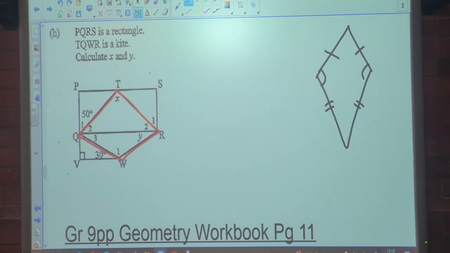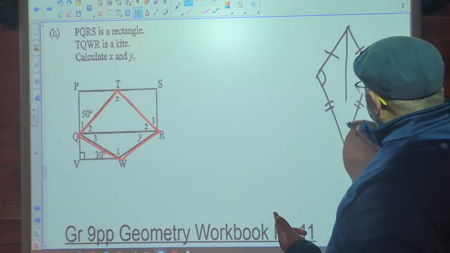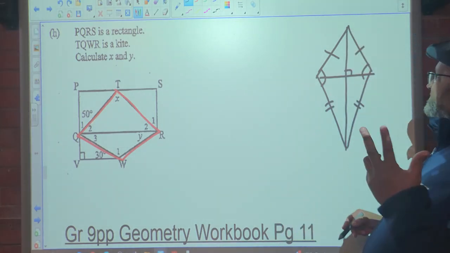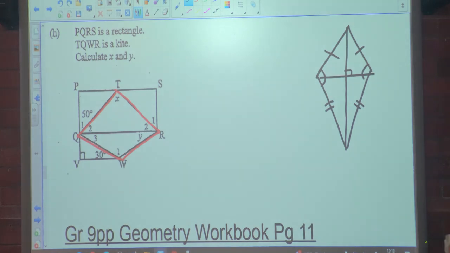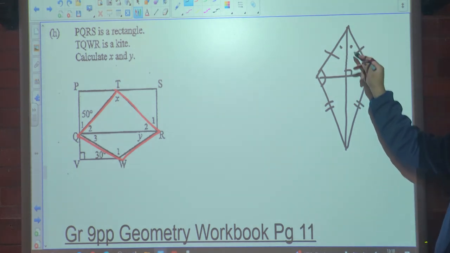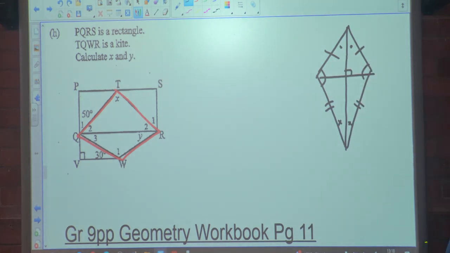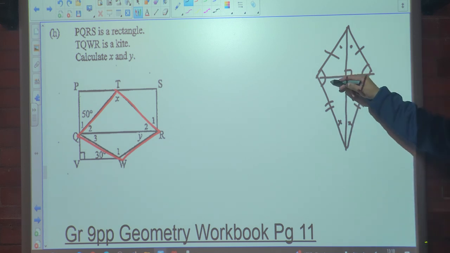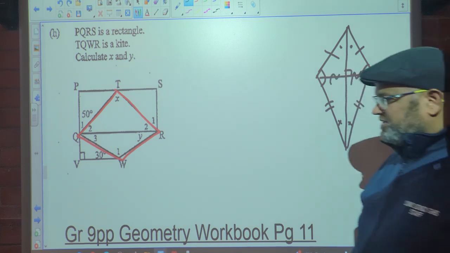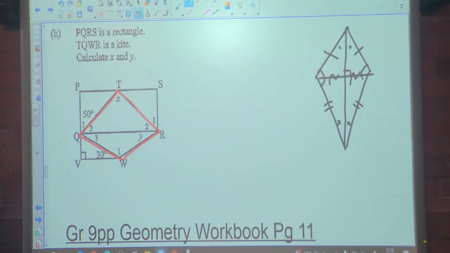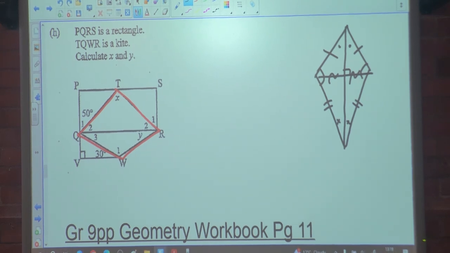Diagonals are perpendicular. That's 3. One diagonal bisects its vertex angles. That's number 4. One more. One diagonal bisects the other. Those are the 5 properties of a kite. If they tell you something is a kite, all of those things should come automatically to mind. Okay?